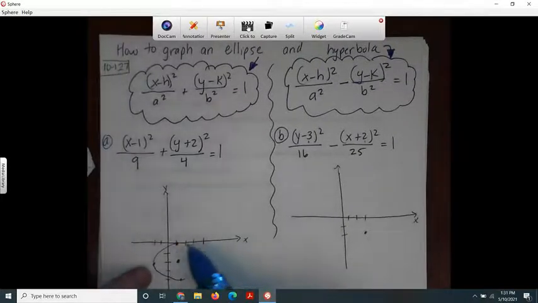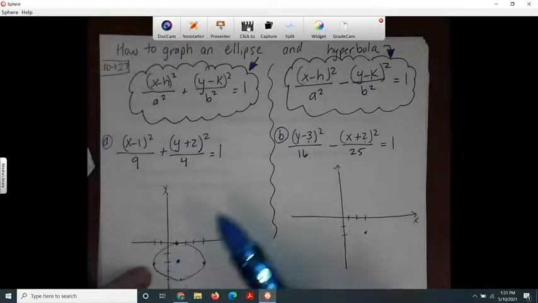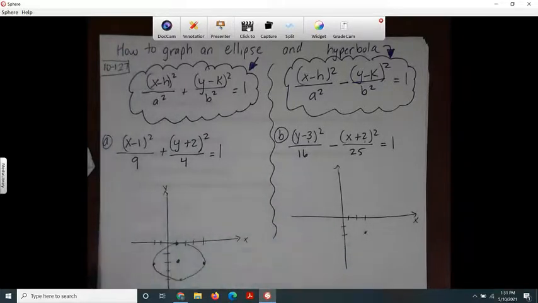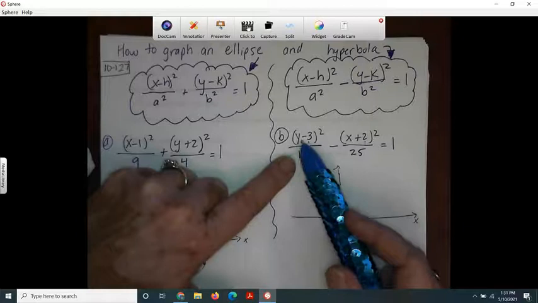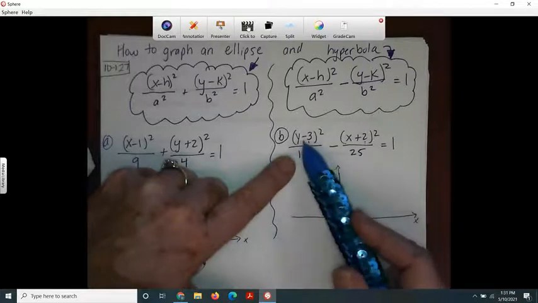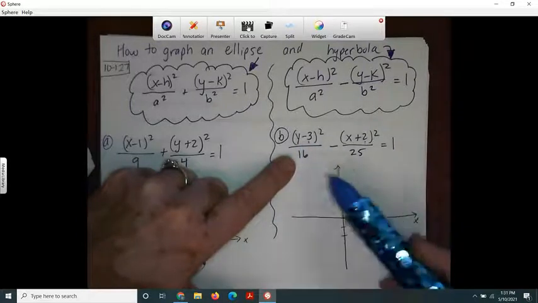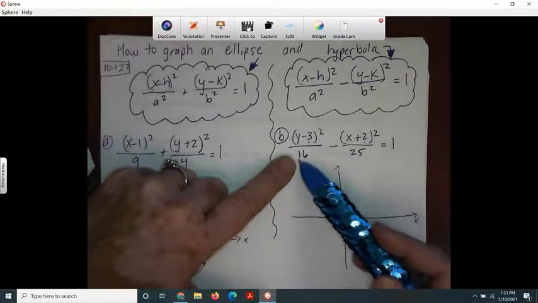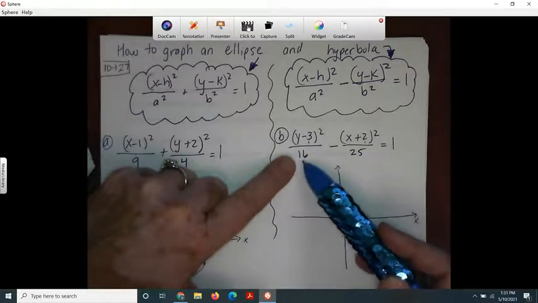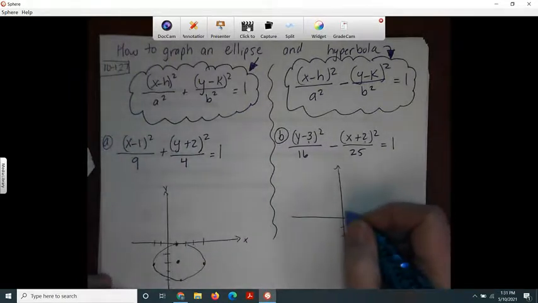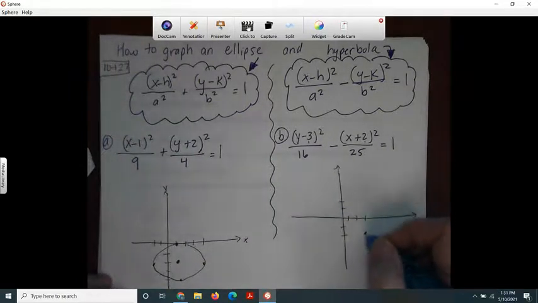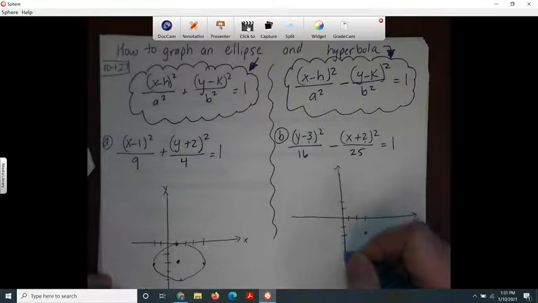So I'm still going to use A and B. Notice that the 16 is under the y. So the square root of 16 is 4. So in the y direction, I'm going to go up and down by 4. So up by 4 and down by 4.